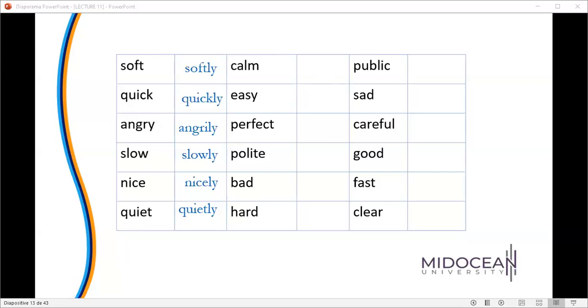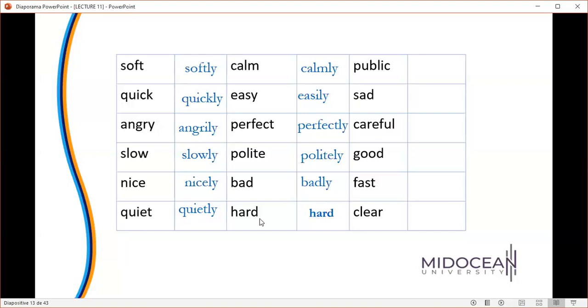C'est pas grave, Mohamed, vous pouvez écrire vos réponses sur le chat. Hardly. Okay. Let's check the answers. So, calmly, easily, perfectly, polite, adverb, politely, badly, and hard.